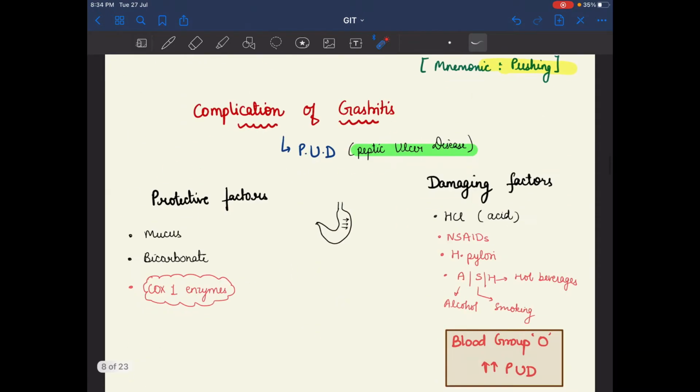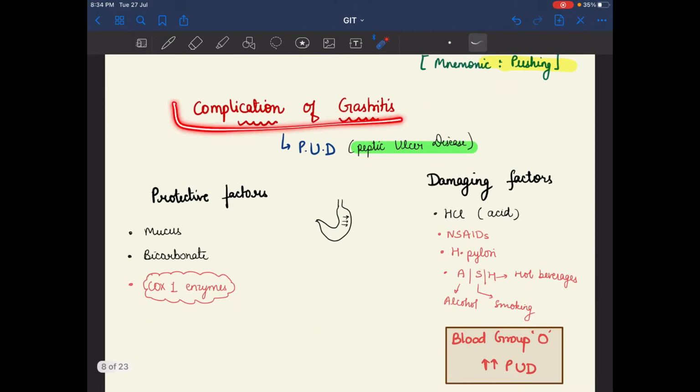Now the complication of gastritis. The main complication of gastritis is peptic ulcer disease. We have some protective factors and some damaging factors. Protective factors are very few, but damaging factors are more for peptic ulcer disease. Protective factors which protect from ulcers are mucus, bicarbonate, and COX-1 enzyme.